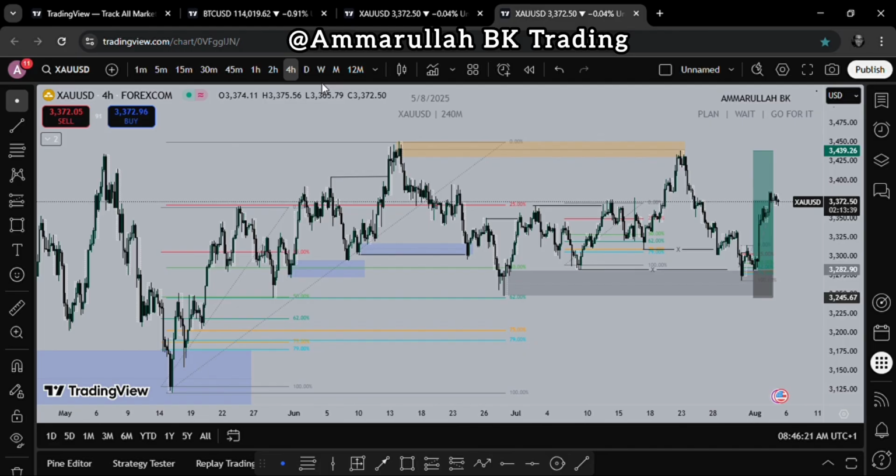You find the direction from the higher time frame, then you look for your confirmation or the trend of the market from the mid time frame, that's the medium time frame, which are the 4 hours and 1 hours and stuff. It all depends on where is your higher time frame. Then you drop down to the lower time frames to look for your entries and execute the market. It's as simple as that. That's the top down analysis, right?